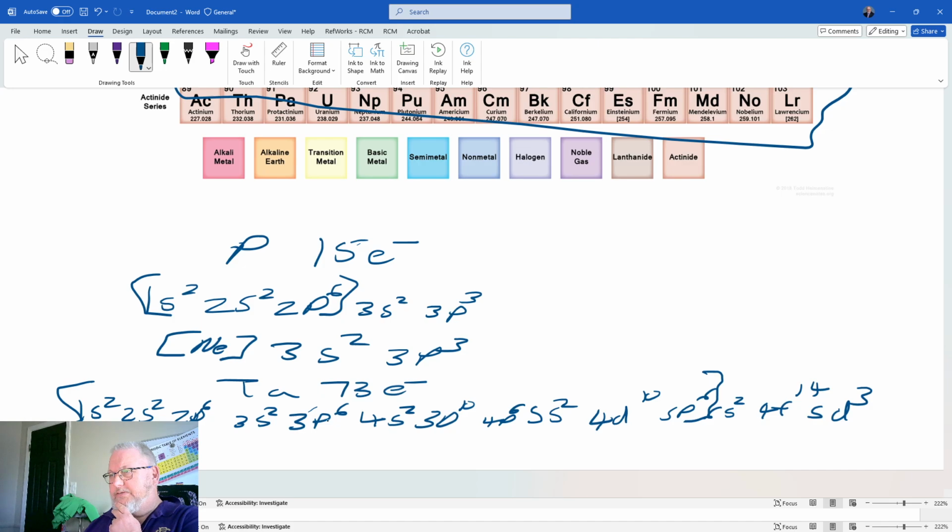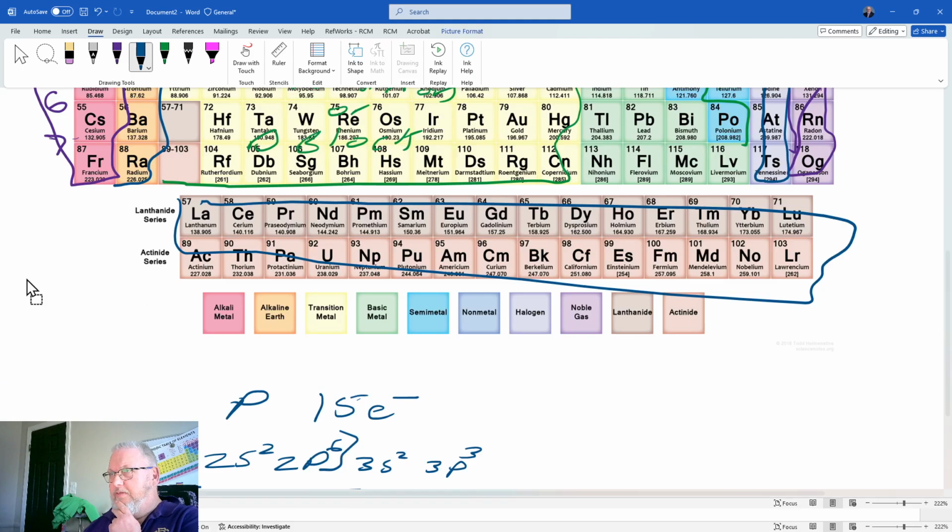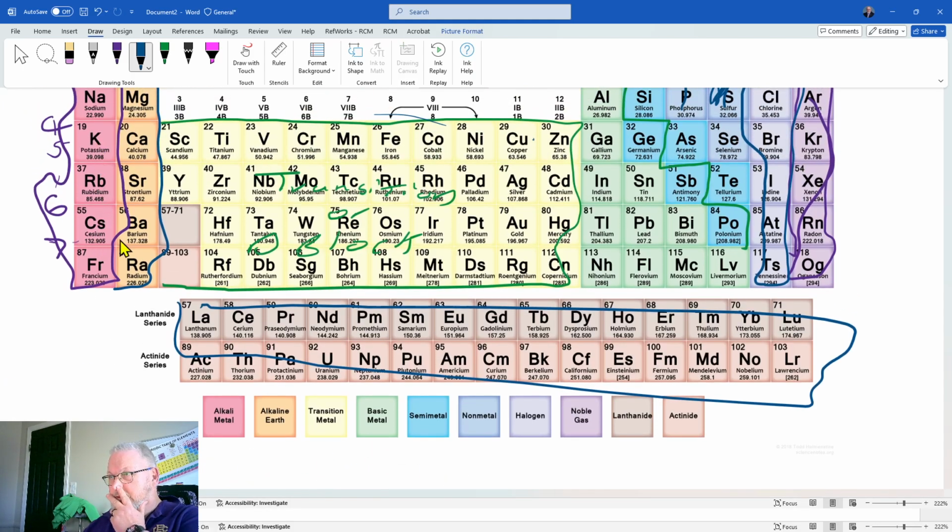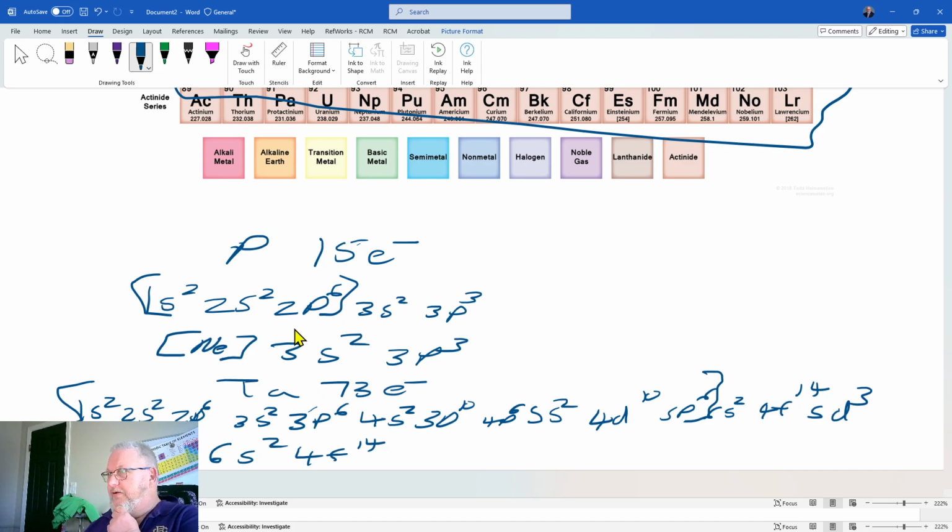Then I'm going to write 6s2, 4f14, because I'm counting those 14 right there, and then the 5d3. That's all I have to write for that.